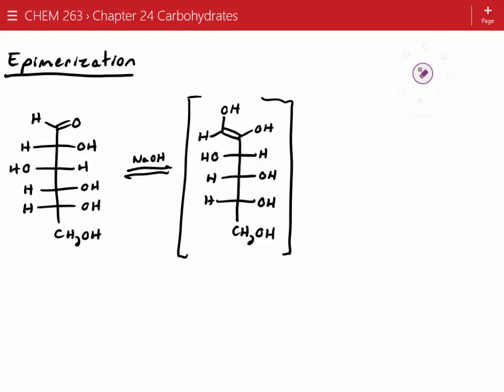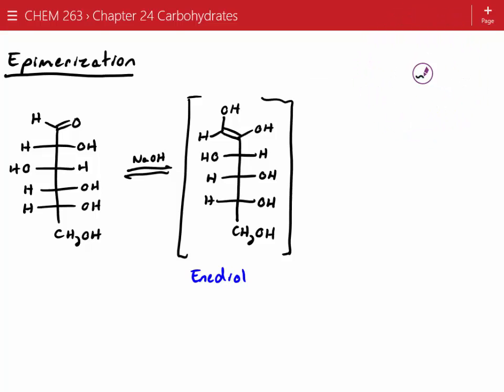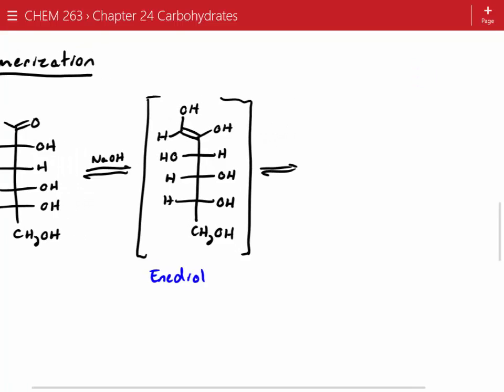Let me actually do this in blue. Simply because we've got an alkene with two alcohols coming off of them. It's very, very unstable, though. Because it's unstable, it really, really wants to go back to the aldehyde form. And so it will try to get away from that enediol.